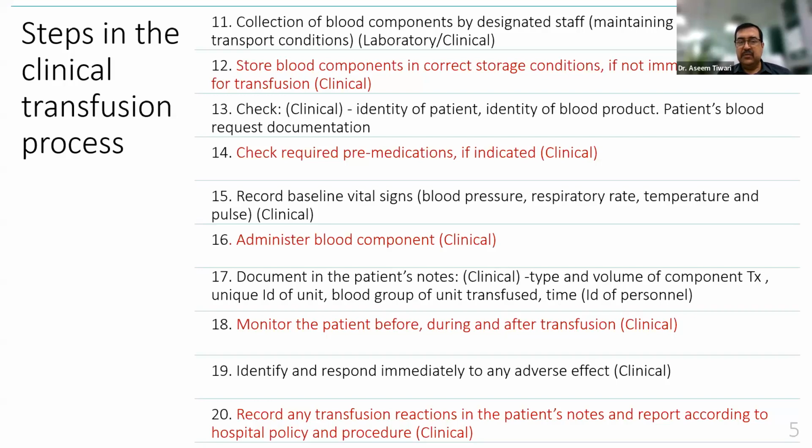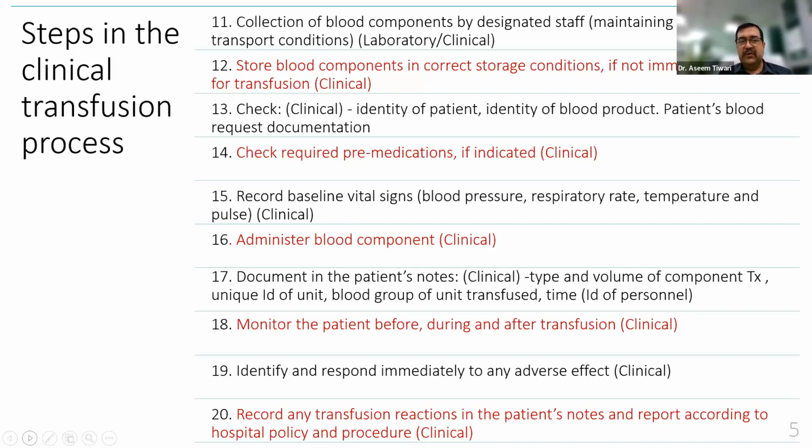We administer the blood component, do the documentation, and monitor the patient before, during, and after transfusion. And we identify and respond immediately if there is an adverse reaction. We record any transfusion reaction in the notes and report according to the hospital policy and procedure. So this may sound a little overwhelming, but we'll try and simplify all these steps.